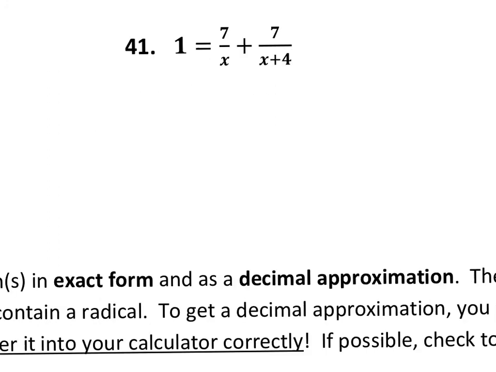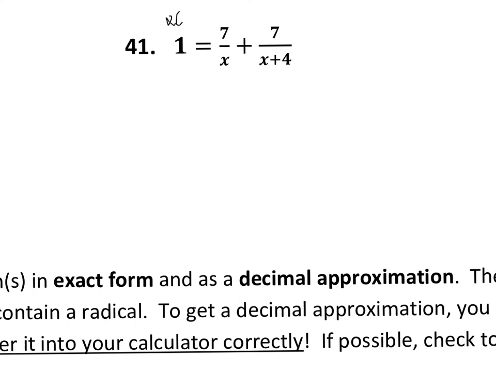Okay. You know what, normally I would skip this, but Slick loves problems like this on finals. So, what do we have to do here? What's our first step? Get rid of our denominators, right? So we're going to multiply everything by x times x plus 4. Got to be both of them.